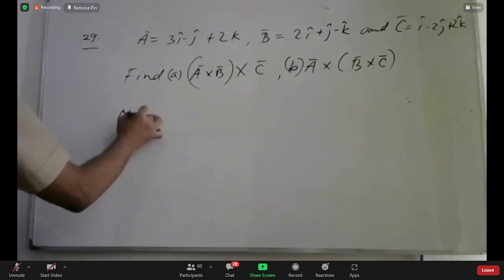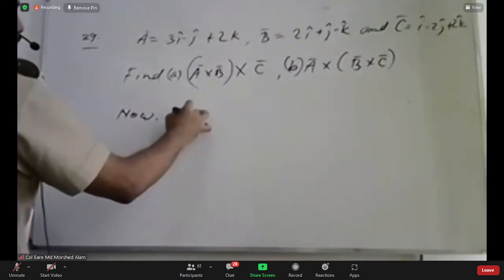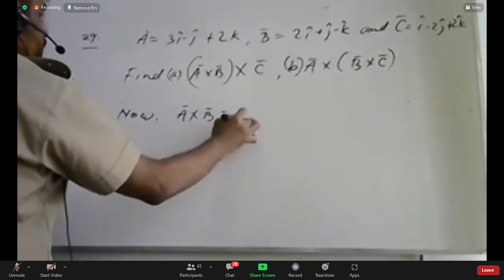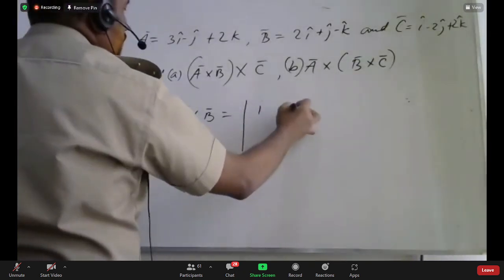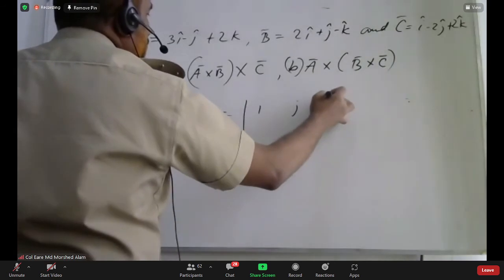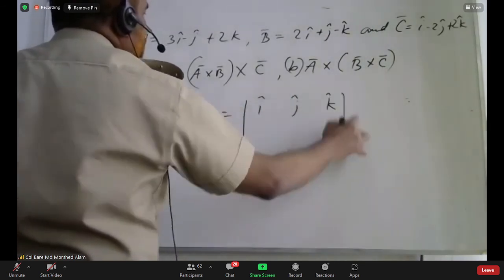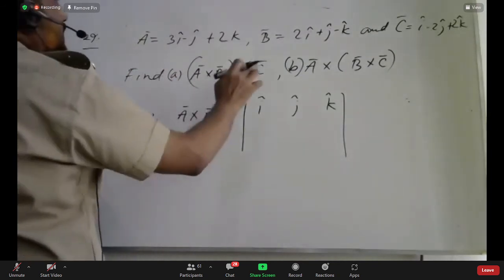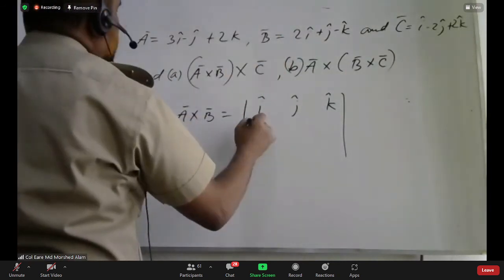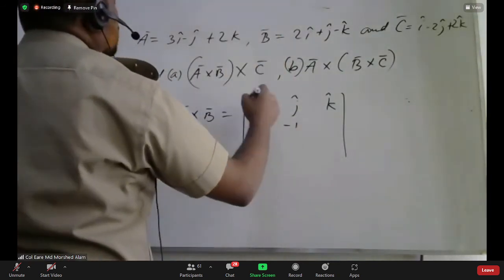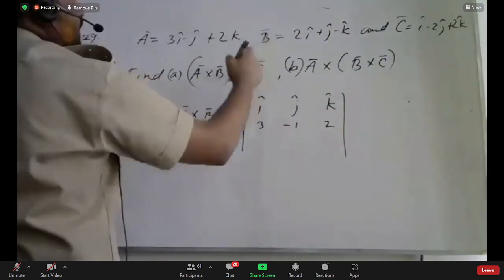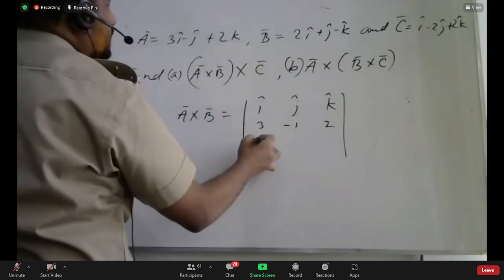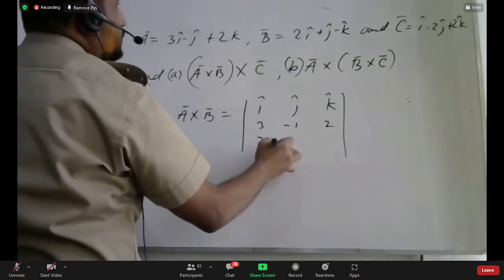Now A cross B, this is equal to what? In the determinant form, we know i, j, and k, isn't it? You have to find out A cross B. Here A is this, B is this. So 3, minus 1, plus 2. And B is this. The components you have to write in the third row. This is 2, 1.